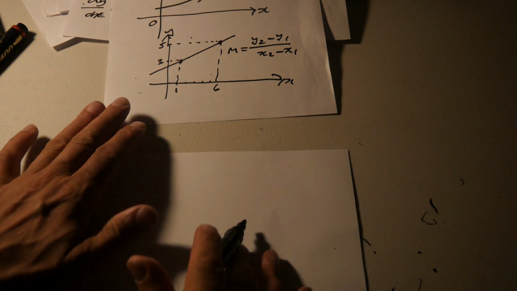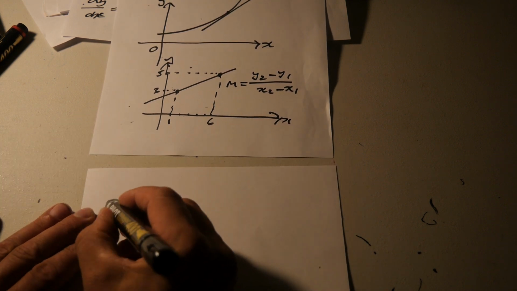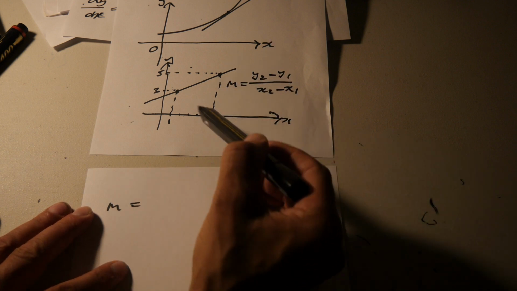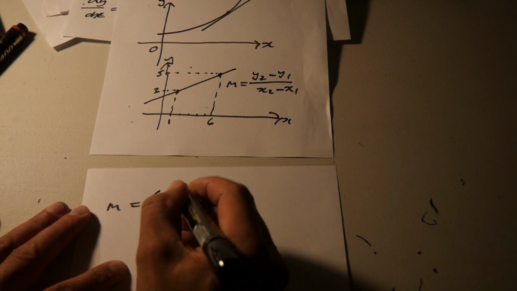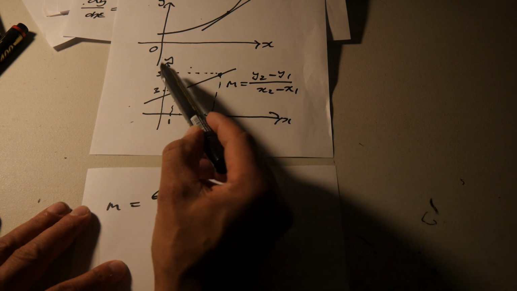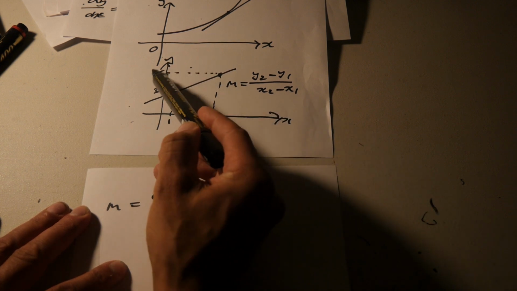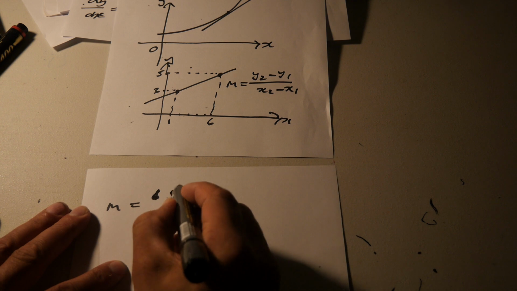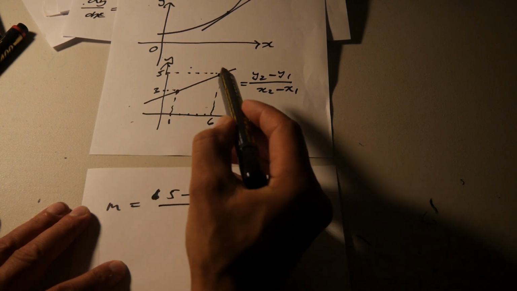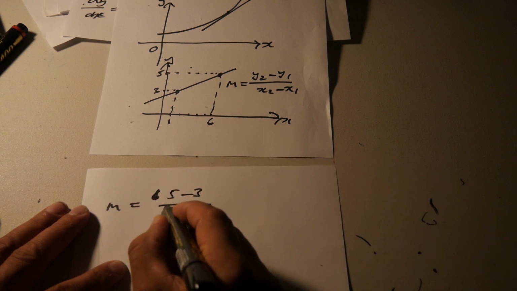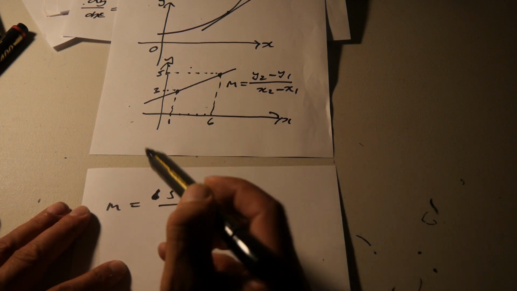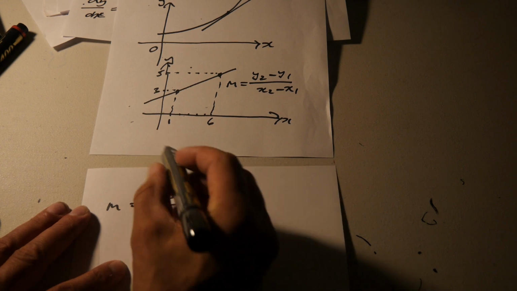So m equals y2, which is 5, minus y1, which is 3, divided by the second x value, 6, minus 1, okay?